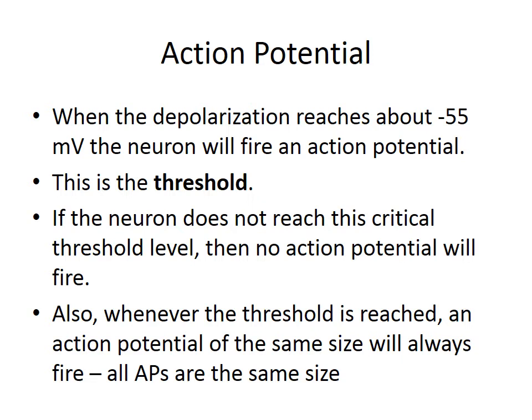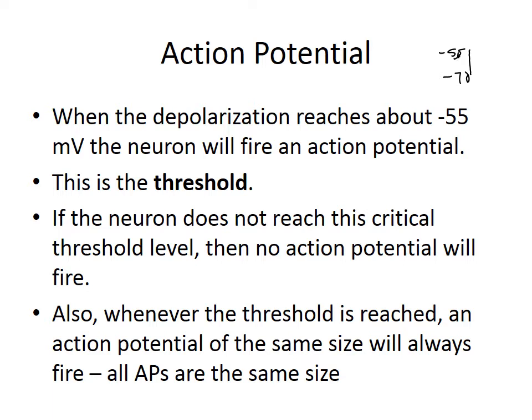When the depolarization reaches about negative 55 millivolts, the neuron will fire an action potential. This is ever so cool. So it goes from negative 70, and it goes up, gets to negative 55, and that's when it says, well, you know what? I'm just going to make the entire action potential. I don't need to go any further.